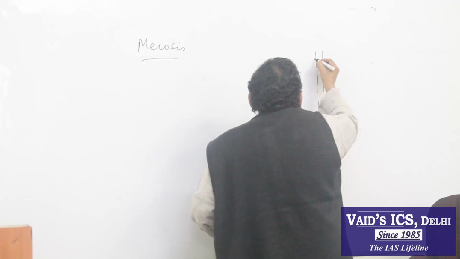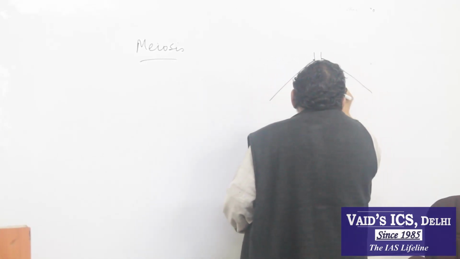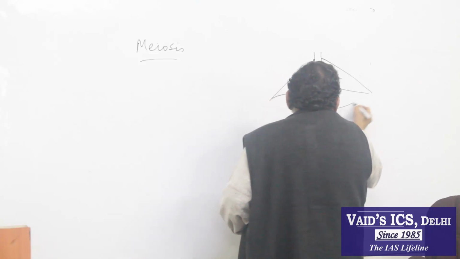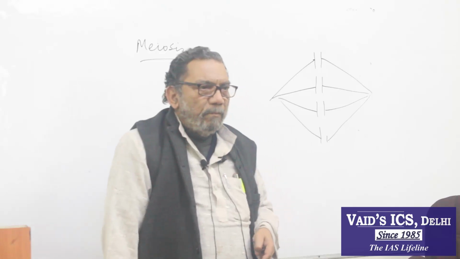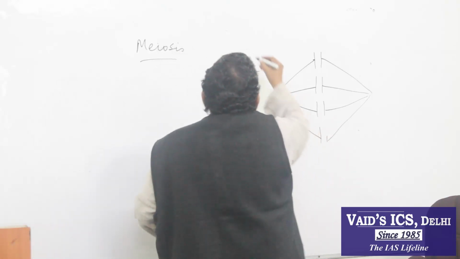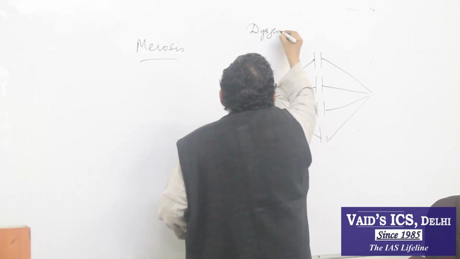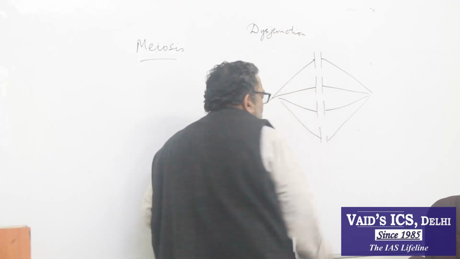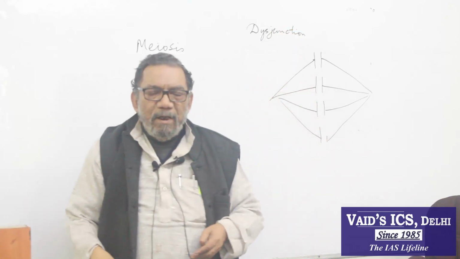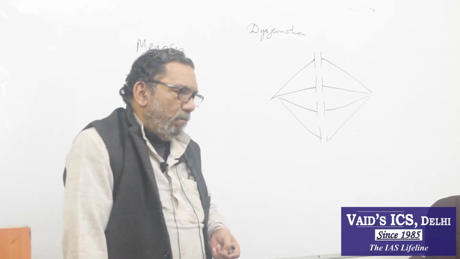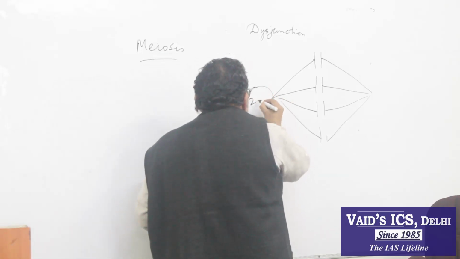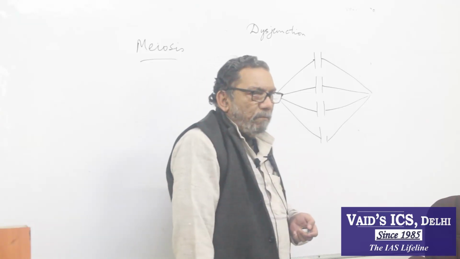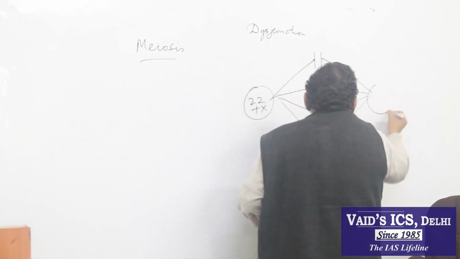This one will move this side, that one this side. The two members move to the opposite direction. This process is called disjunction. Junction means joining, dis means separating. So that these cells will have 22 plus X and these cells will have 22 plus Y.